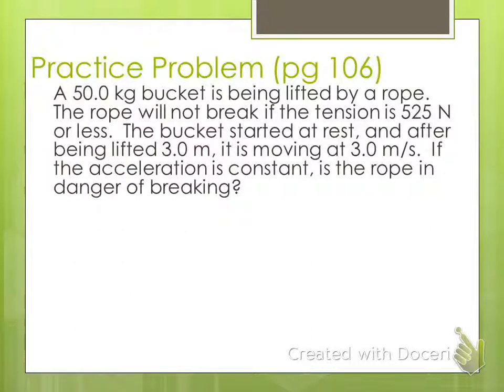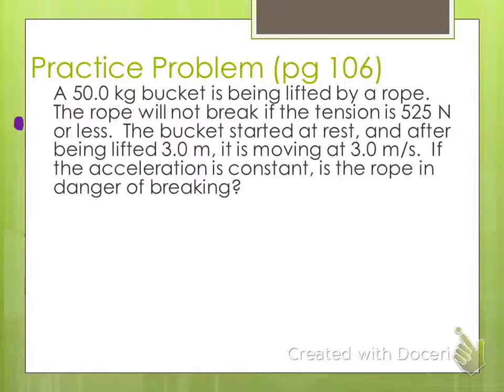Let's start this problem with our free body diagram. This object, or this bucket, we'll put over here on the left-hand side. Give me one force that's acting on it.